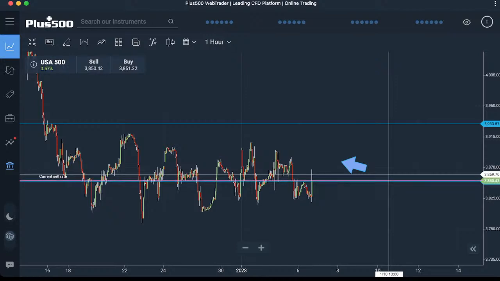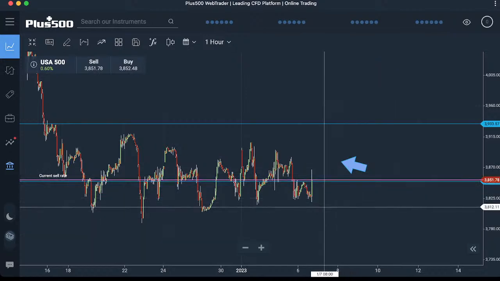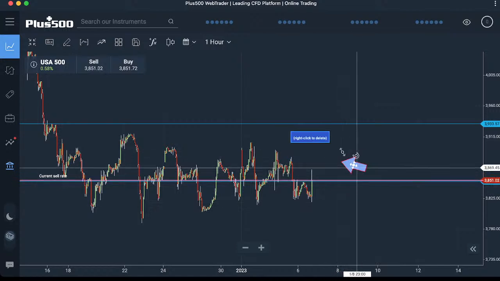We actually have some mixed numbers, but the unemployment rate is very good, actually, 3.5%. As this is positive, we should expect some price push to the upside, maybe to take the liquidity and then break the low.